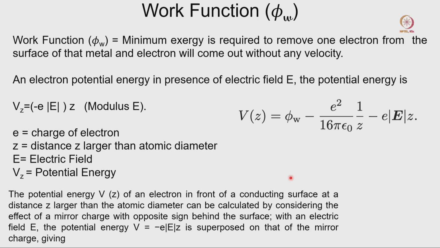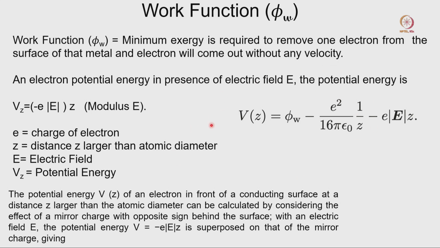So, why are we talking about larger than the atomic diameter? Because when the electron is staying within the metal, it is within the atomic radius or atomic diameter. Then the electron is detached from that, and it is not within the atomic diameter anymore, and that is the reason the distance z should be larger than the atomic diameter.